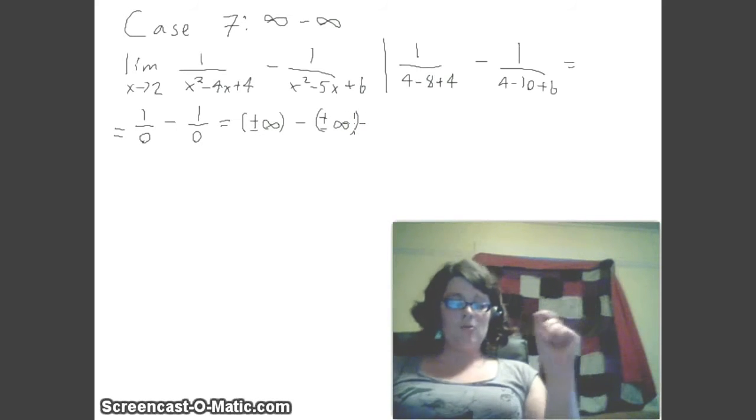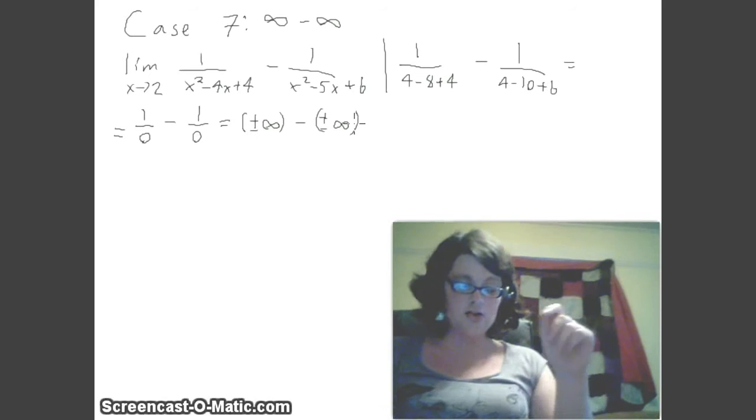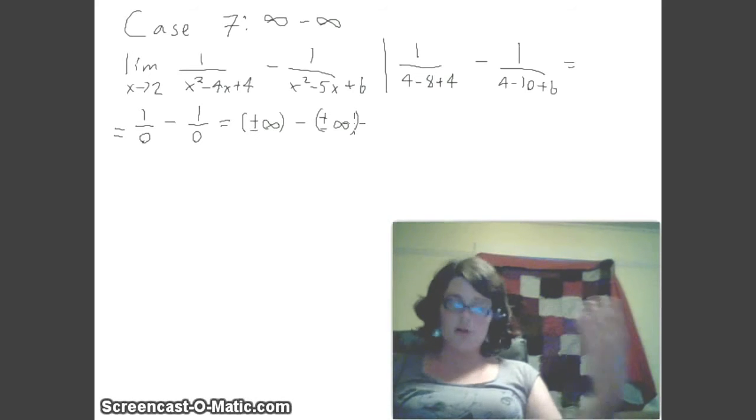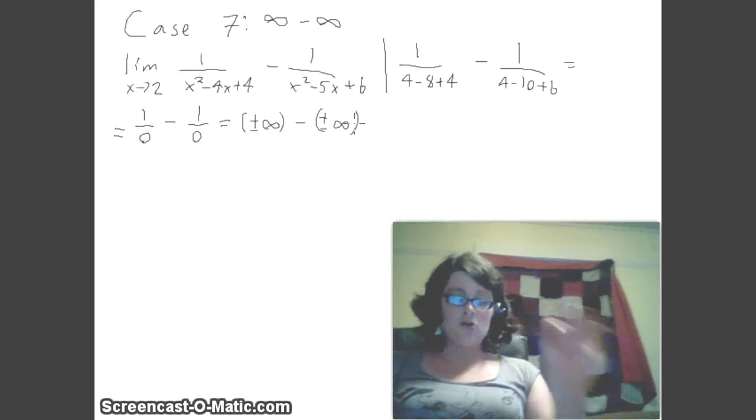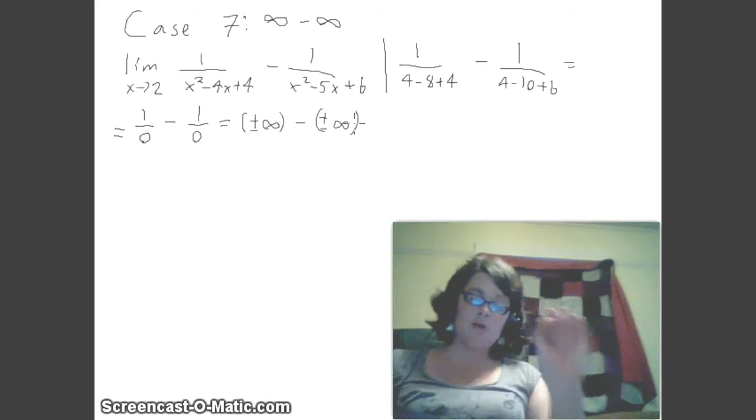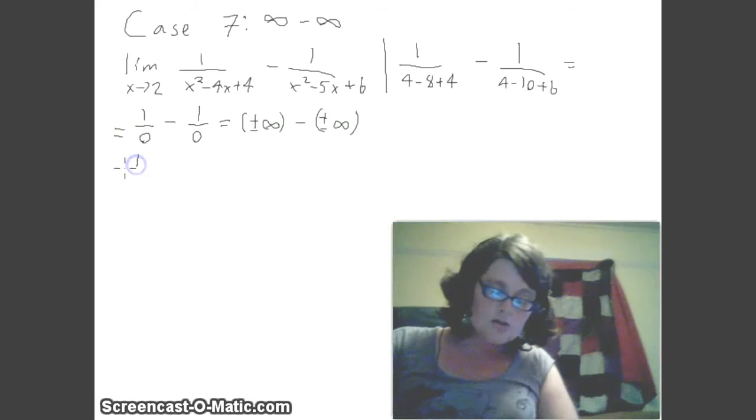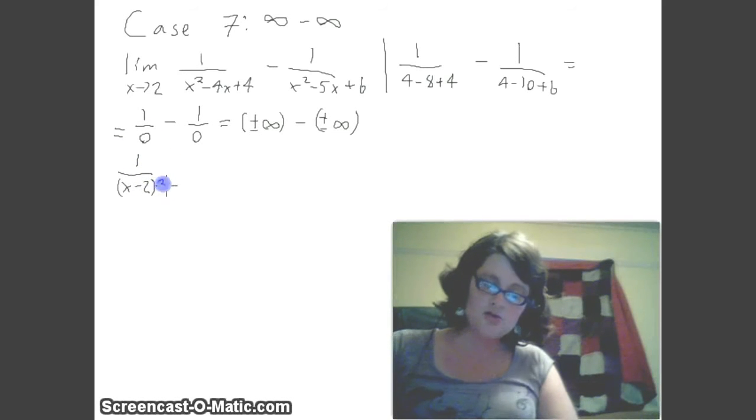So basically, we either have infinity minus infinity or negative infinity minus negative infinity, which are both case 7 situations. So now we're going to try to take those two terms, which are both fractions, and combine them into one by putting them over a common denominator. The first step in doing this is to factor the bottoms of the fractions. When we factor the bottom of the first, we get 1 over x minus 2 squared. When we factor the bottom of the second, we get 1 over x minus 2 times x minus 3.